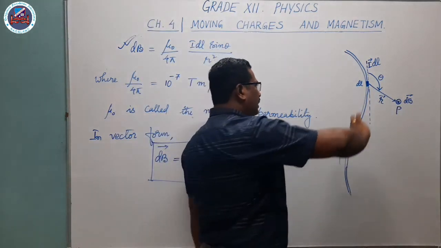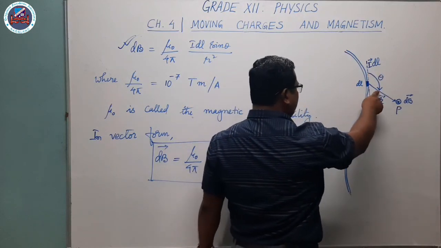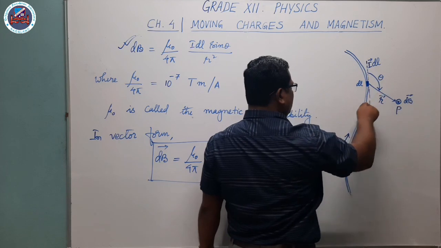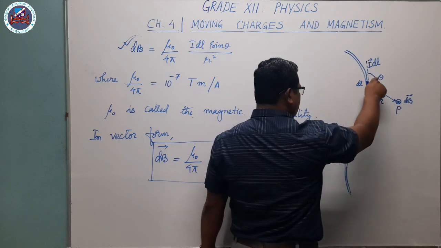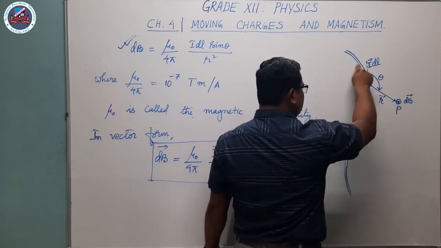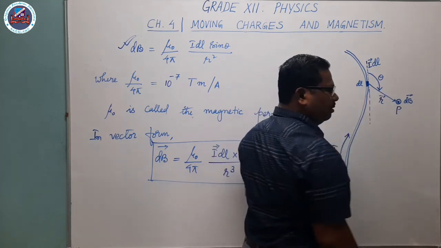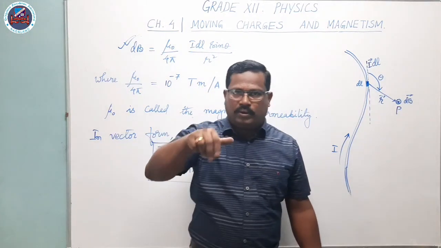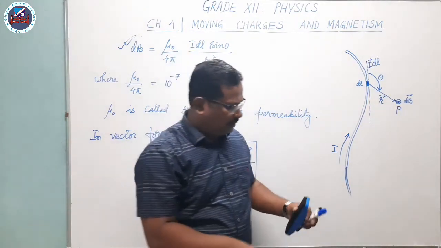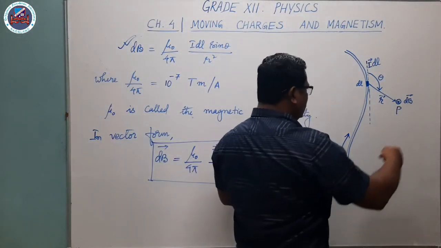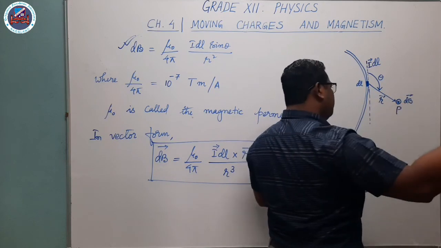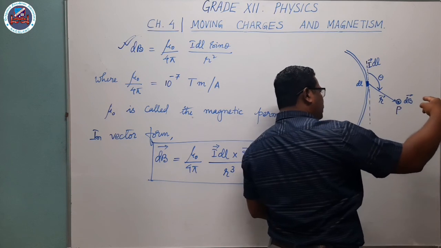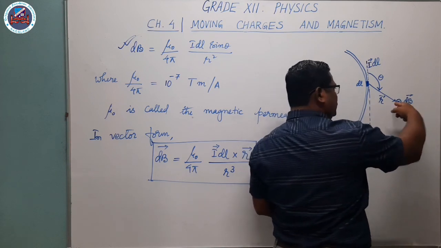Look here: I dL cross R. You can see the arrowhead, is it clockwise or anti-clockwise? You can see very clearly it is clockwise. If it is clockwise, like your bottle cap, then it goes down. So the direction of dB will be perpendicular to the board. In your notebook it will be perpendicular to the paper, inwards.